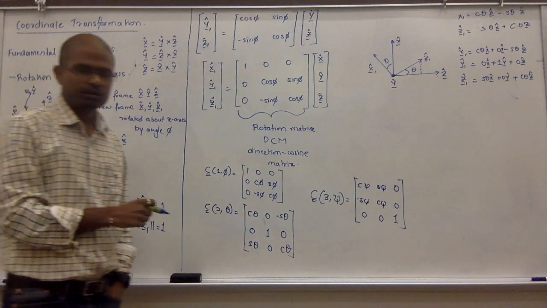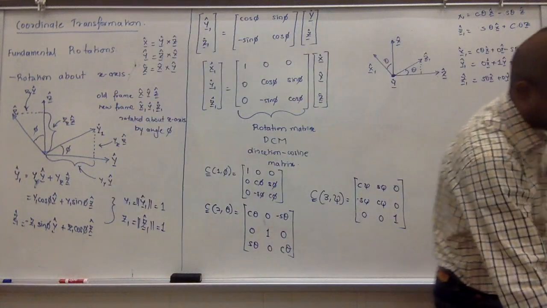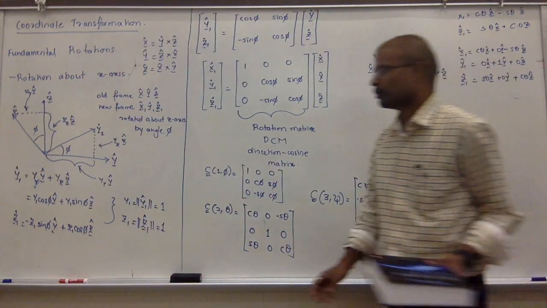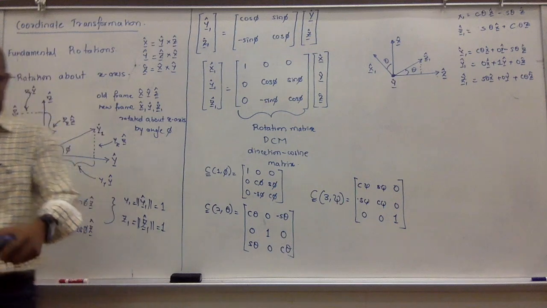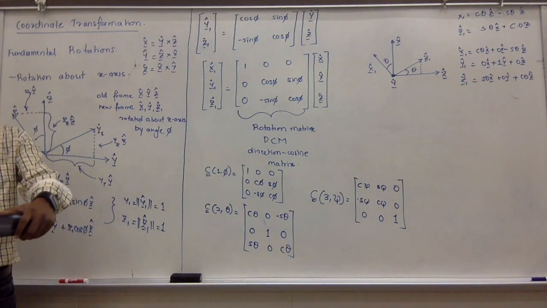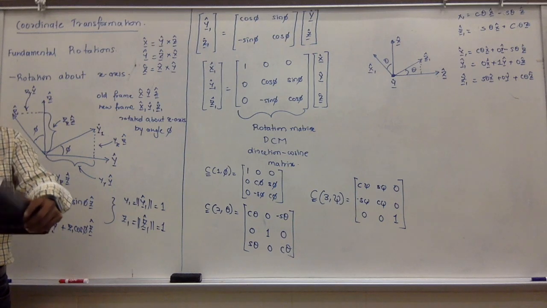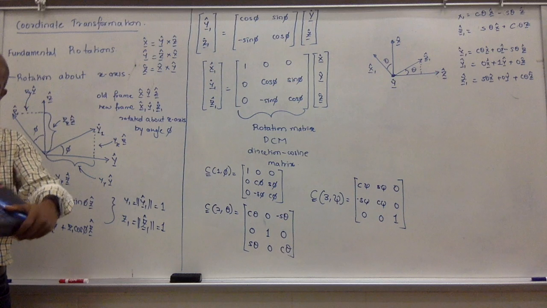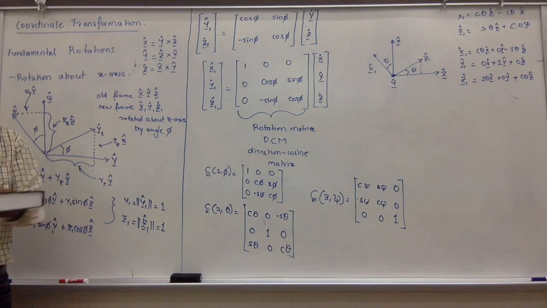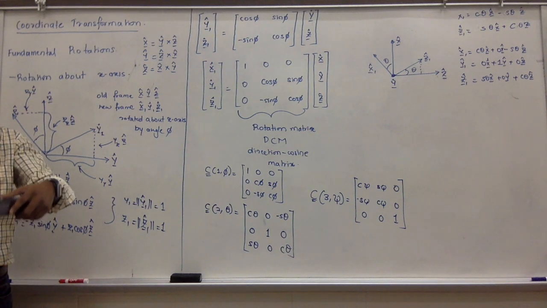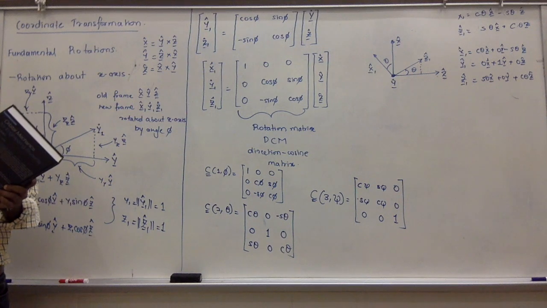So when you rotate, for example this rotation, you understood what we did? What was our rotation about? This axis is the x-axis, y-axis, z-axis. What if you do it like this?